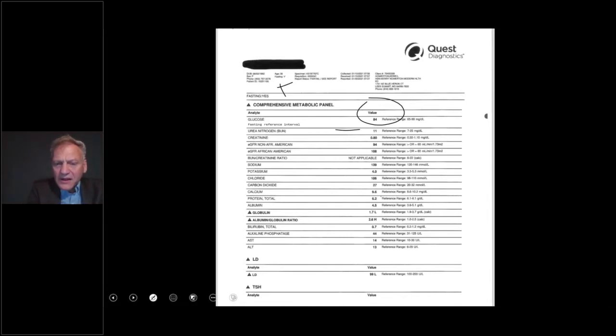Okay, so the protein's 6.2. I actually made a big deal out of that, but it's probably not a big deal because her protein's so low because she's not absorbing it. She has GI issues. She's probably gluten sensitive and whatever else. You've got to find food sensitivities for this patient. Okay, so BUN, I wouldn't make a deal out of that, although she probably does have a congested liver.